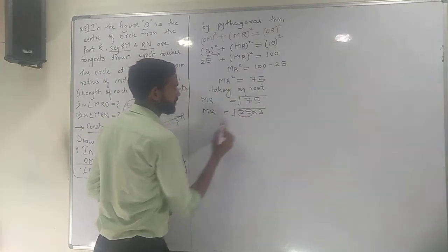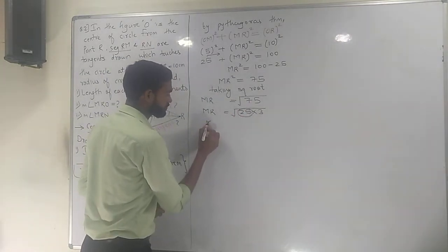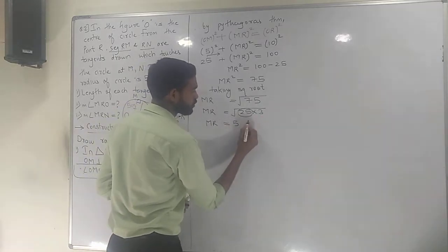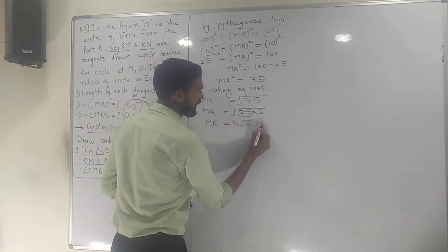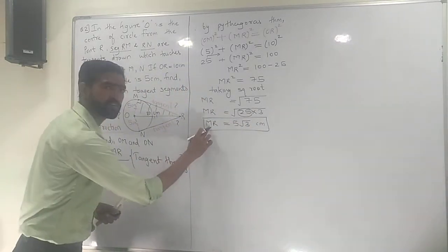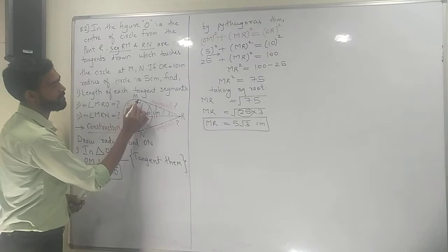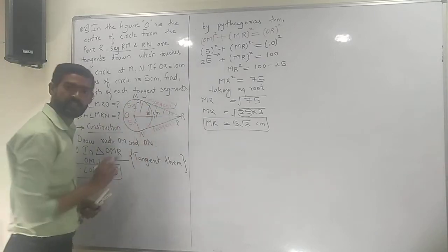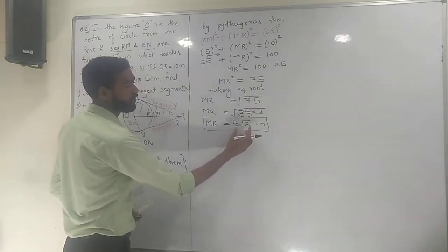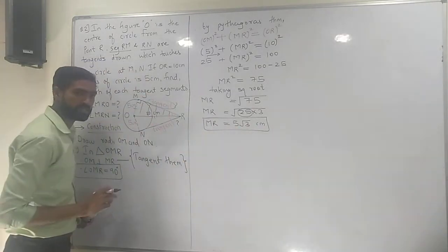This 25 will give me 5, and this root 3 as it is, 5 root 3 centimeter. Now what is MR? Back to this diagram. MR is my tangent. So this way I got the measurement of the first tangent, that is 5 root 3 centimeter.